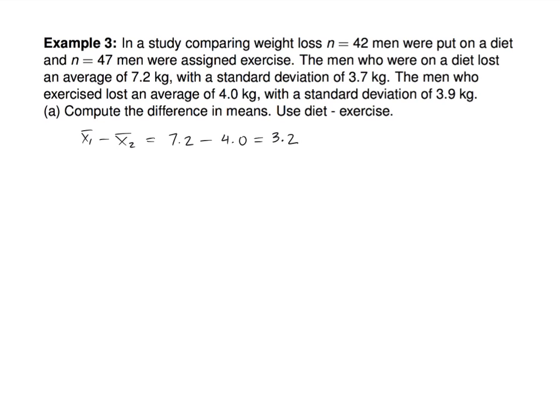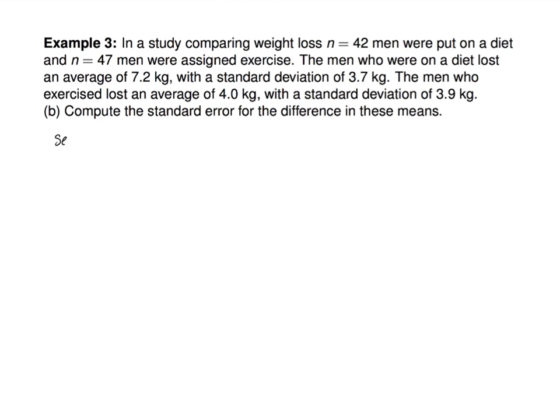Okay, the standard error. Standard error of x1 bar minus x2 bar is equal to root s1 squared over n1 plus s2 squared over n2. Be a little bit careful here that you put the right standard deviation with the right sample size, because this time the sample sizes are unequal.